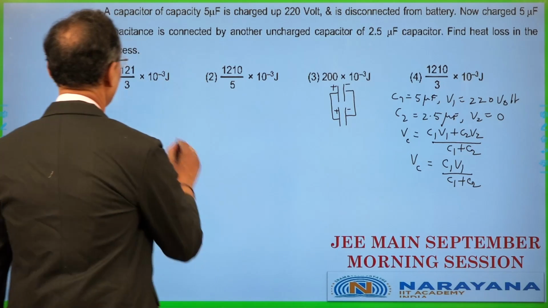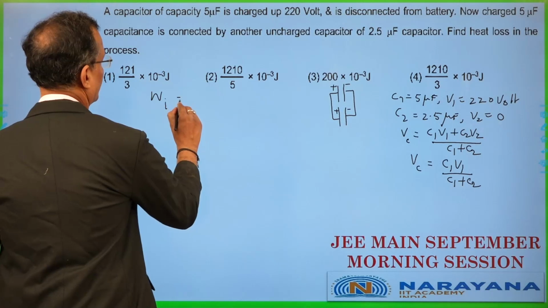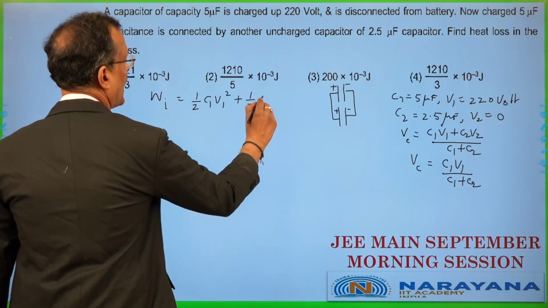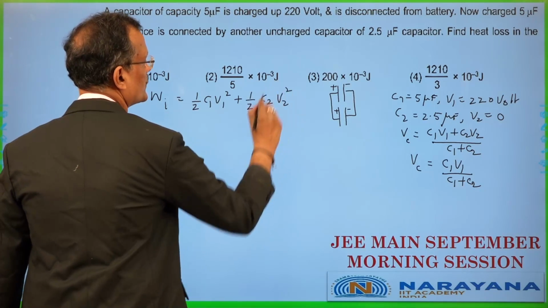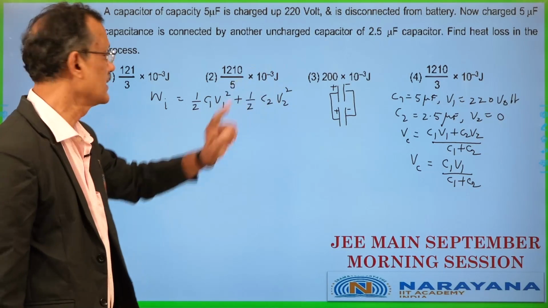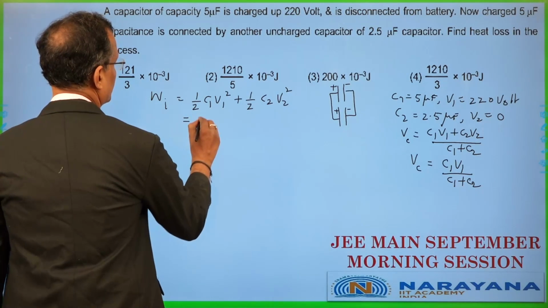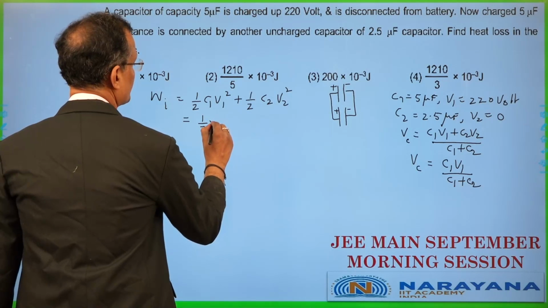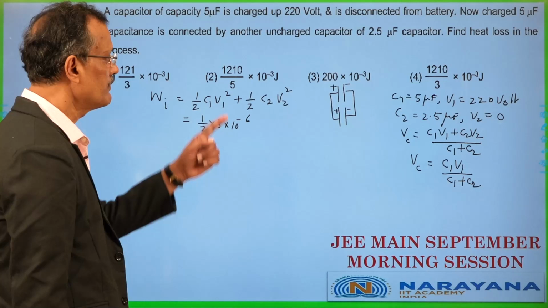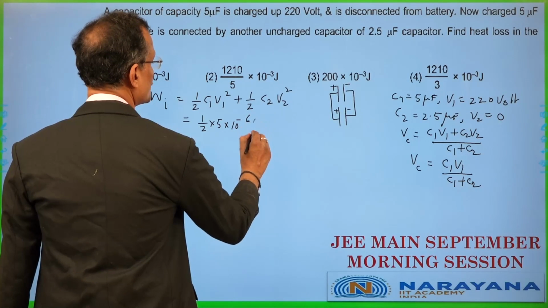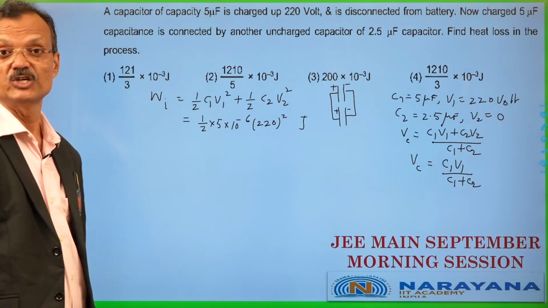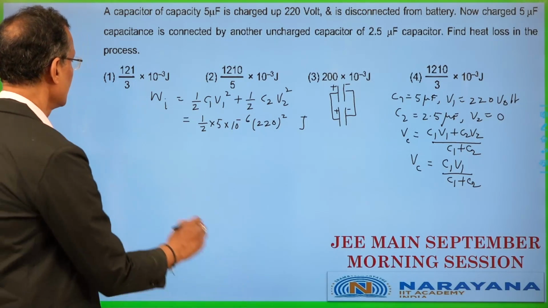So what is the initial energy? Half C1 V1 squared plus half C2 V2 squared. V2 is 0, so this energy is 0. We have to calculate this half: C1 is 5 times 10 to the power minus 6, V1 squared is 220 squared joule. This is initial. Now you will go for final.